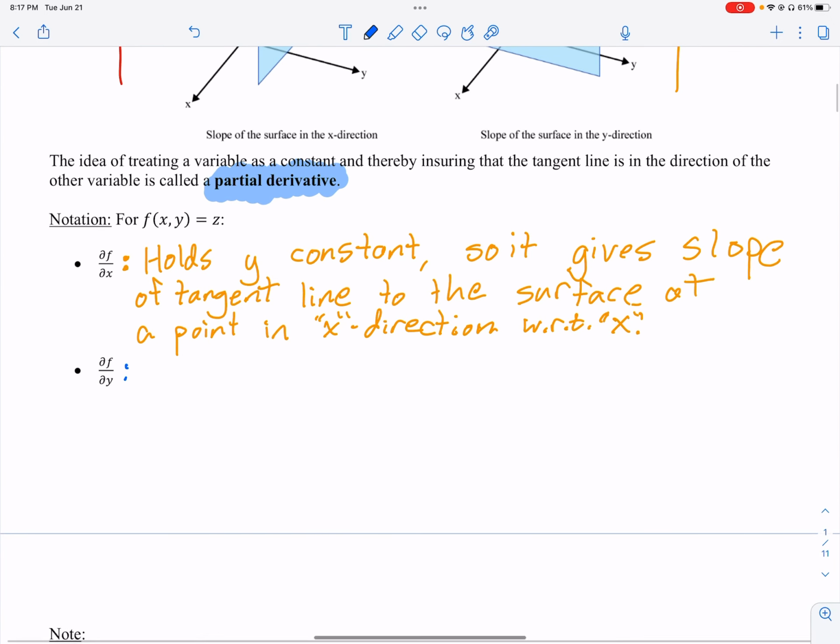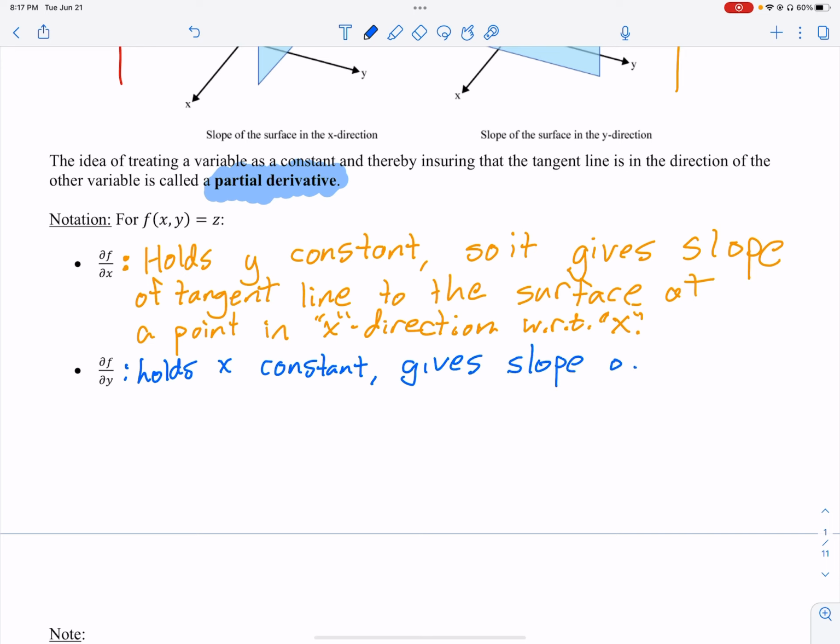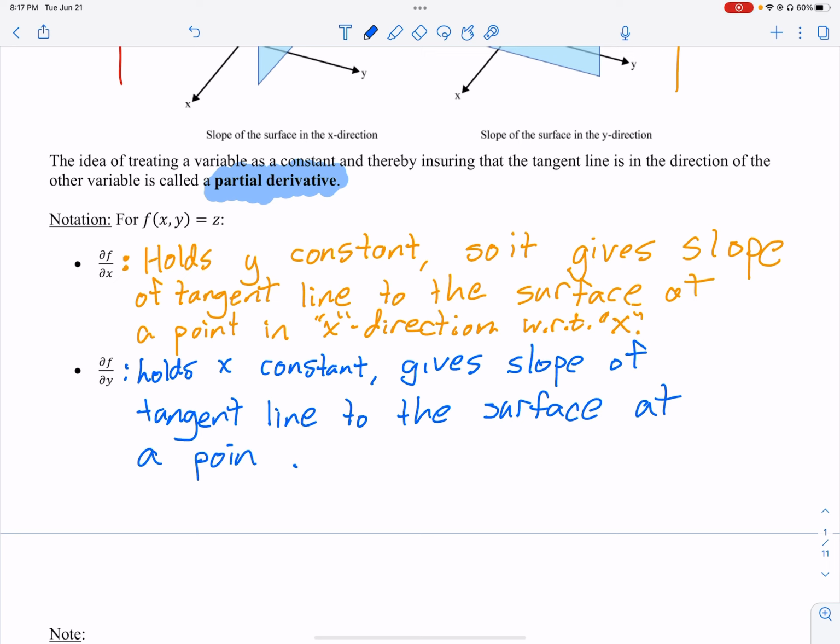All right, so this holds x constant, gives the slope of the tangent line to the surface at a point in the y direction with respect to y. So similar, right? One's with x, one's with y. It just holds the other variable constant.